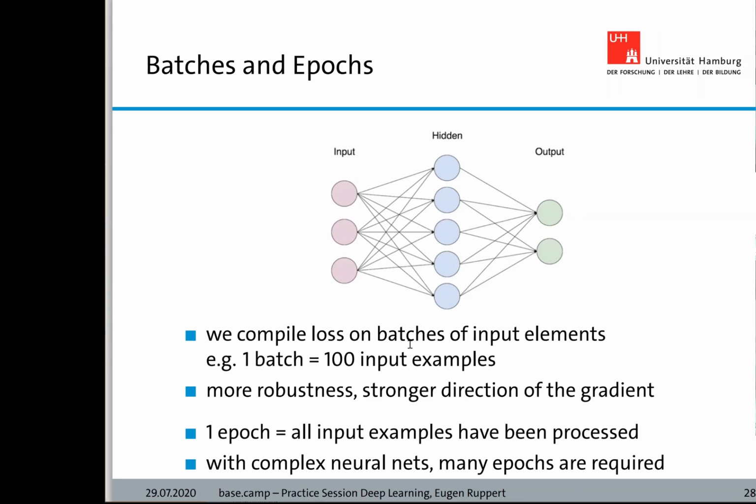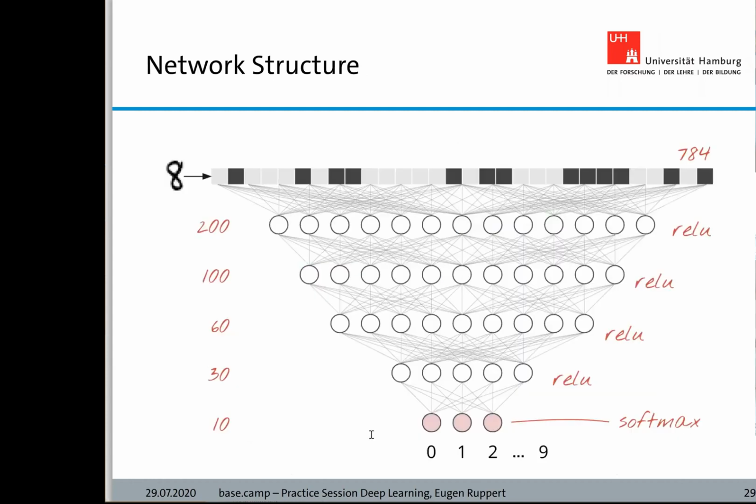And you're doing your training for several epochs. One epoch is when all of the input examples from the training data have been processed and their weights have been updated. This can also take a lot of time to train, maybe hundreds of epochs, depending on the complexity of your problem and the layout of your network.